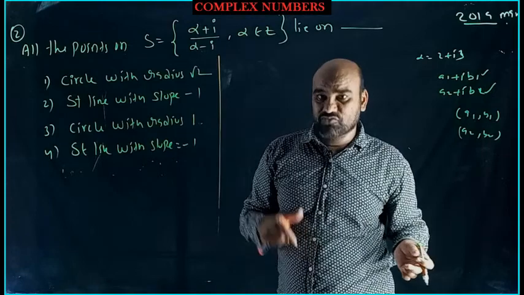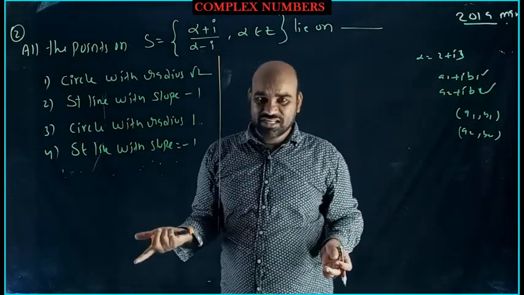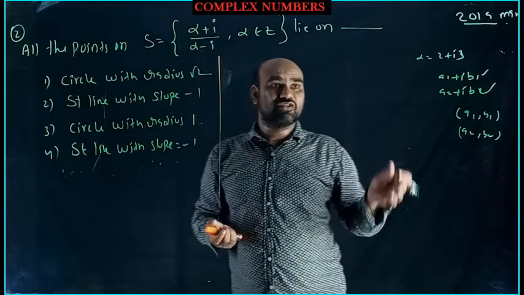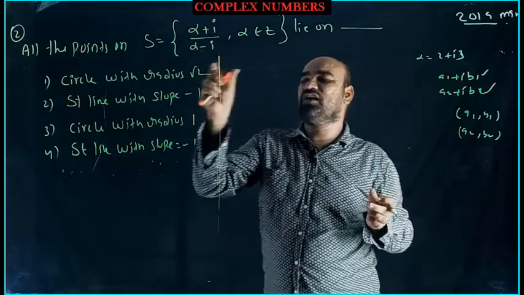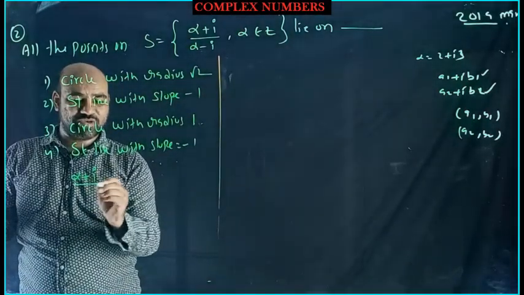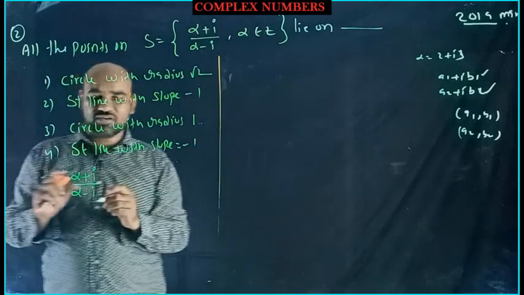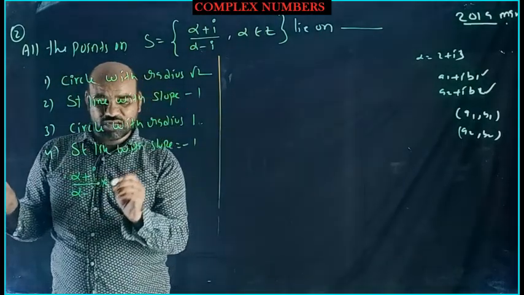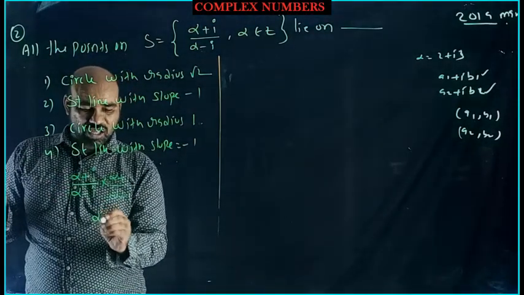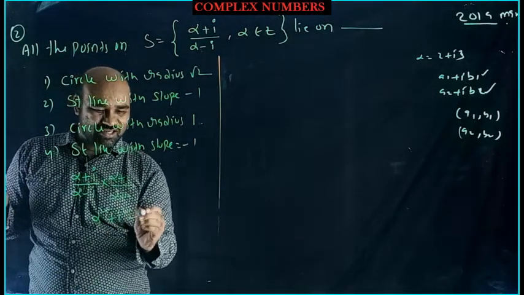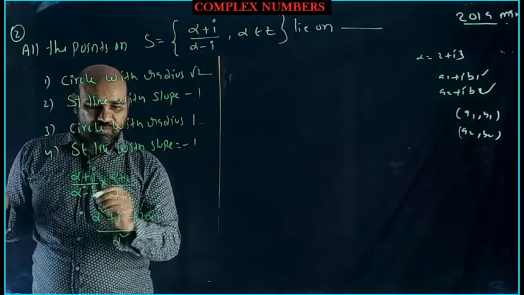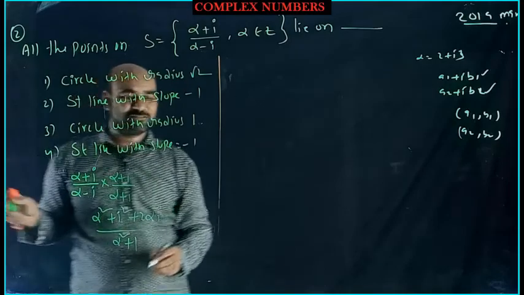All those points will form a circle, a straight line, an ellipse, and so on, depending on the situation. So the meaning of the question is, we want to find the locus equation of S. First of all, (alpha plus iota) by (alpha minus iota), I want to convert to standard form. So what I am doing here is multiplying by (alpha plus iota) by (alpha plus iota). So alpha square plus iota square plus 2 alpha iota, by alpha square minus iota square, which means directly I can write plus 1.